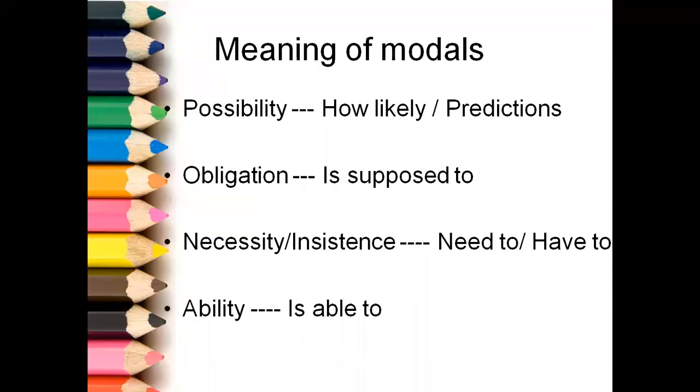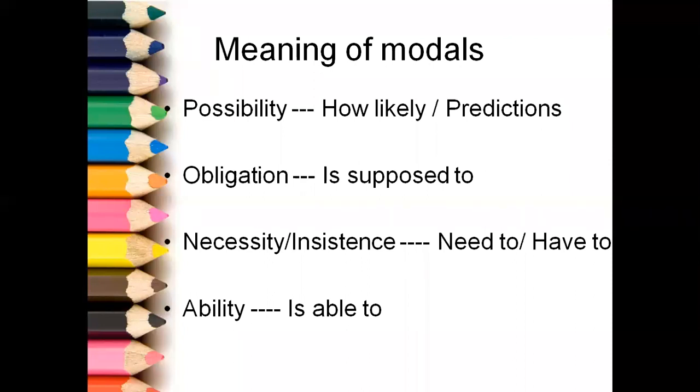Now, coming to the real application of modal verbs in English. What is the actual application or areas of usage of modals in English? Modals are used for four purposes. Of course, there is another purpose which I will discuss later. First main important purpose is that whenever you want to talk about possibility or prediction, you can use modals. Whenever you want to tell somebody to do something which is compulsory or which is an obligation, you use modals.